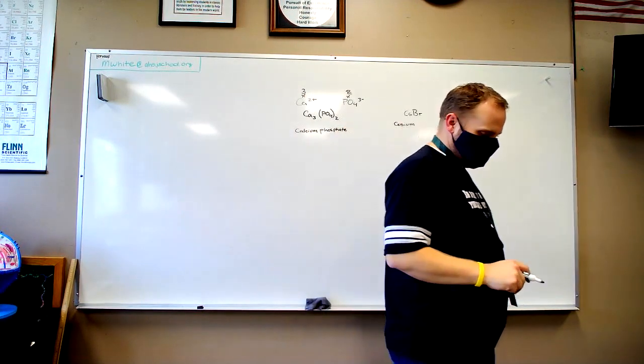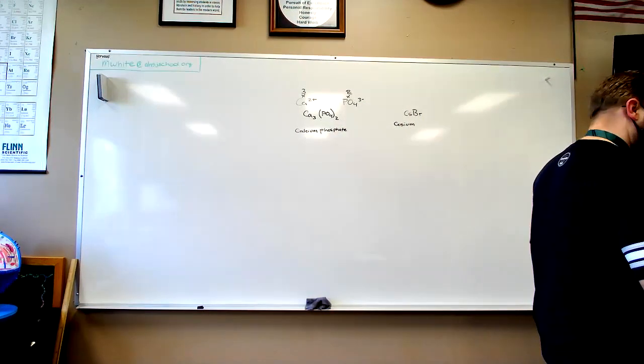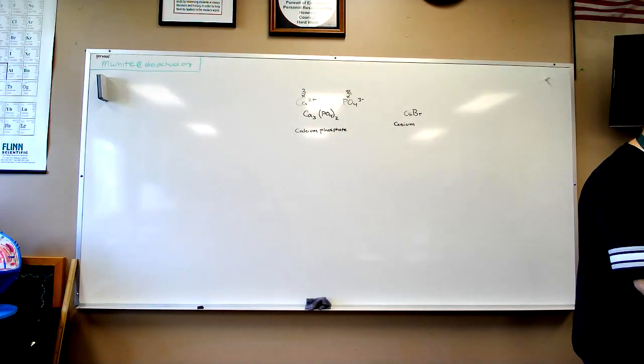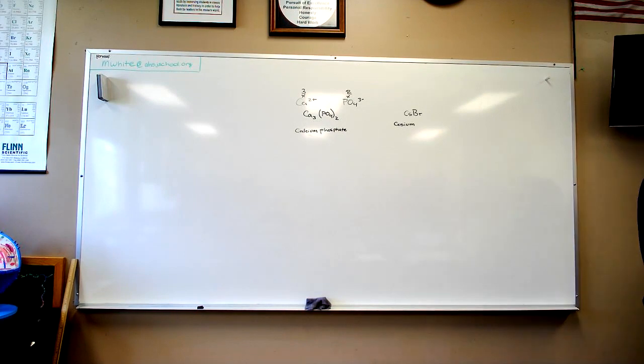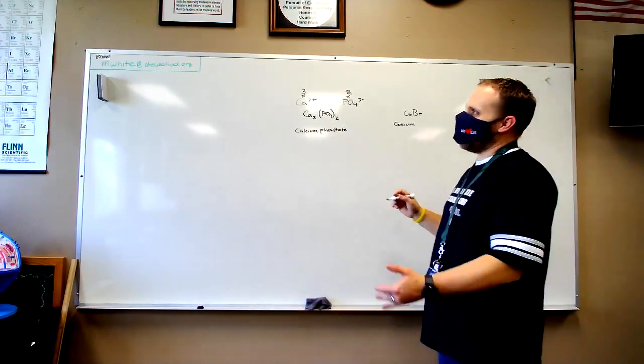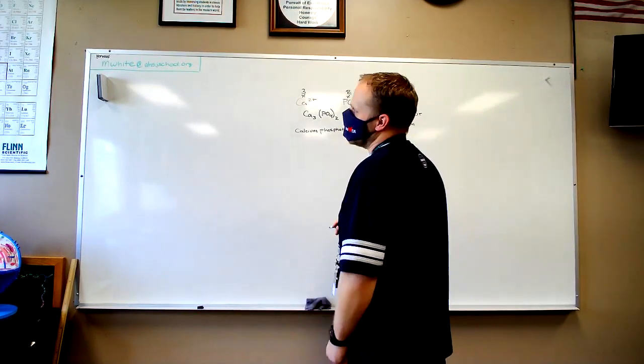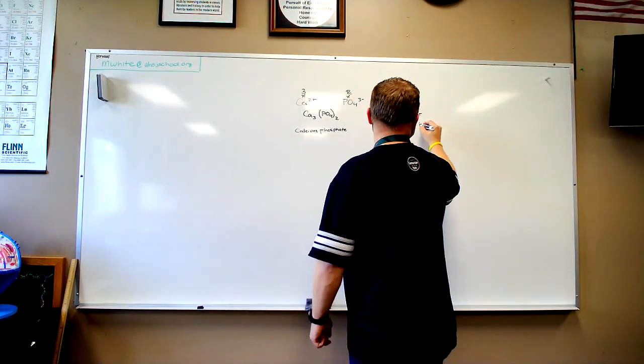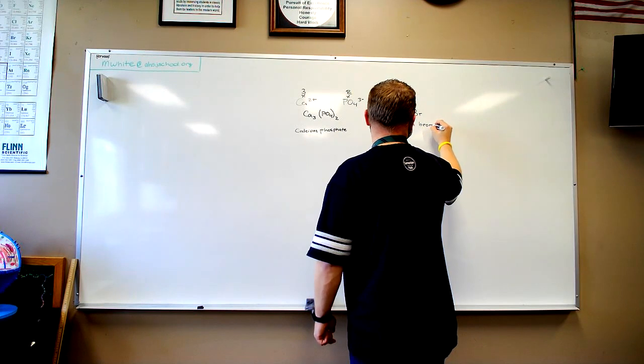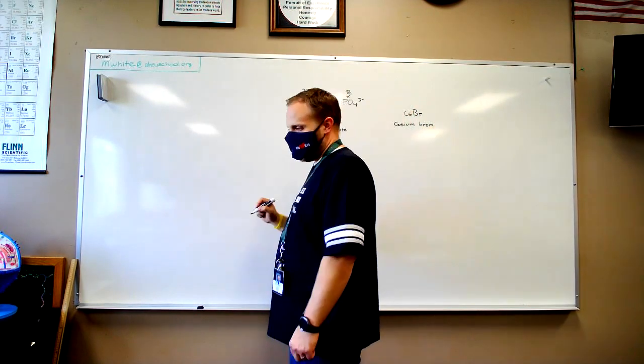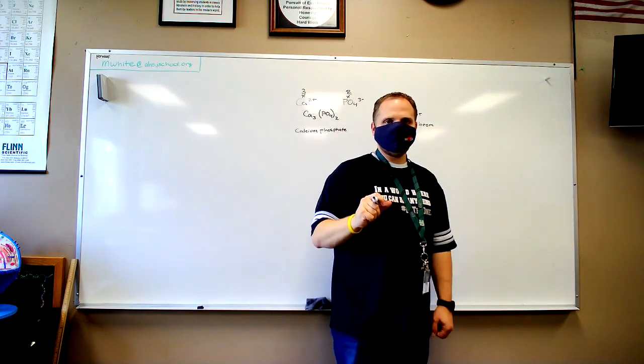And then we have bromine. So we use the root of the element, which for bromine, we take off the INE. Okay? So that leaves "brom." This is a short name, right?